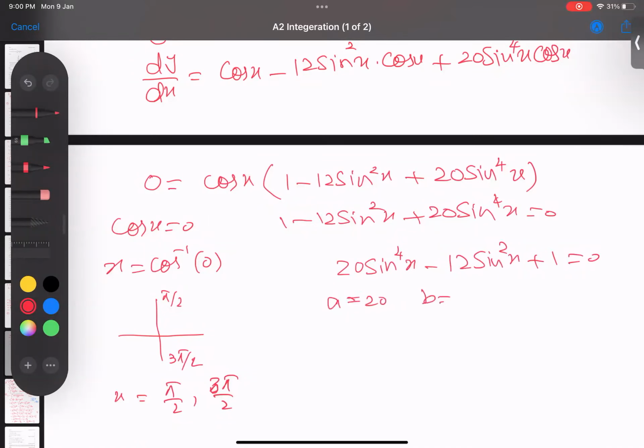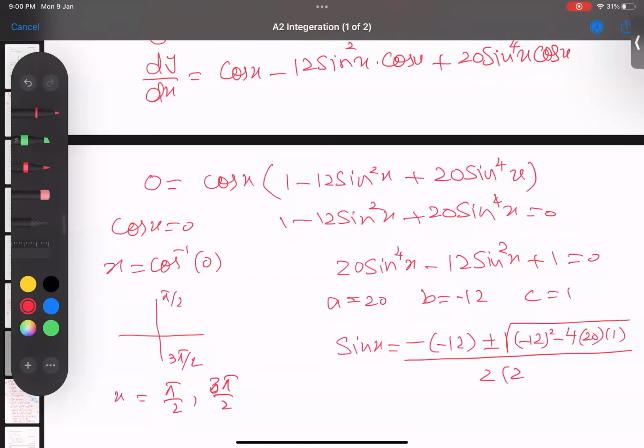B is what? Negative 12. And C is what? 1. I'm going to apply the formula. So sine square x is equal to negative b plus and minus square root of b square minus 4ac, divided by 2a.